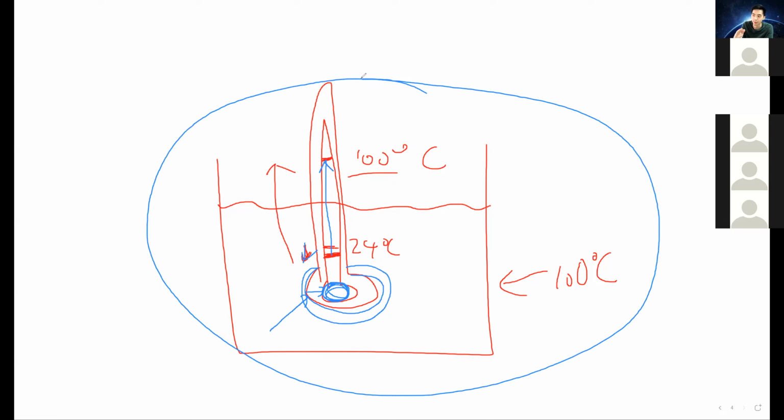Anyone confused or want me to repeat this? Can you repeat it? Okay, so the concept here is that the first thing that comes in contact with the hot liquid is going to be the glass bulb. If the glass bulb comes in contact with the hot water first, it will cause the glass bulb to expand a little bit.